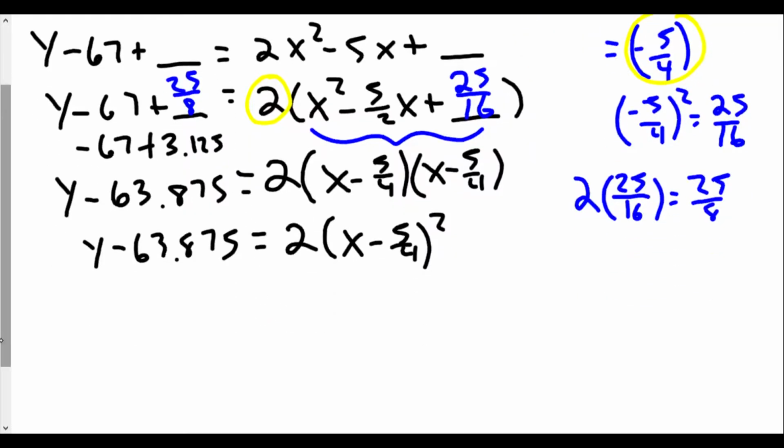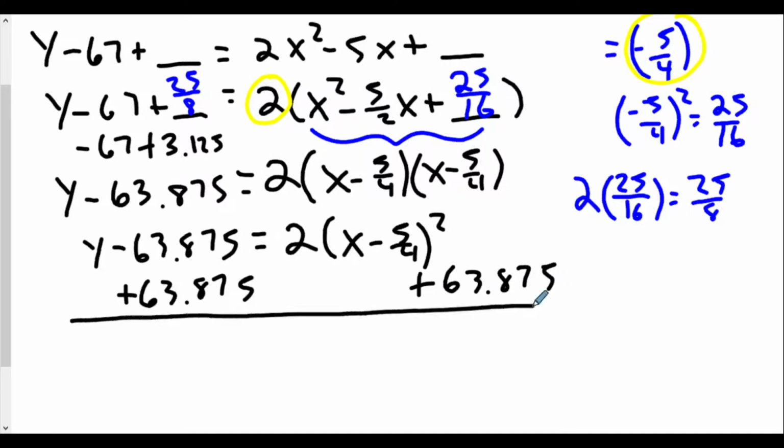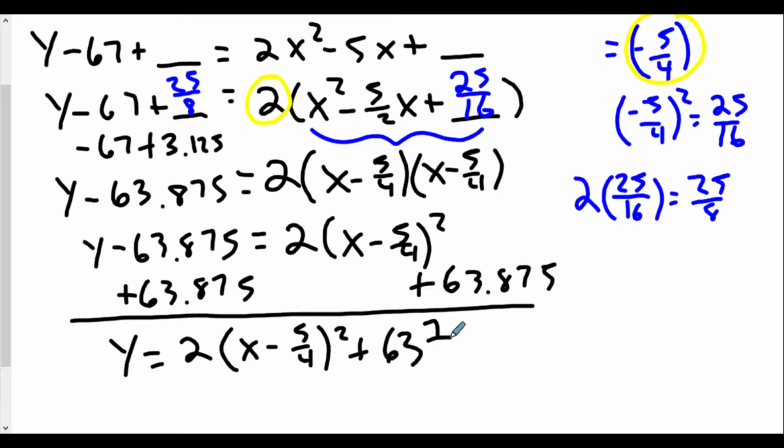Now, to get y by itself, we add this 63.875 to both sides. And we end up getting y equals 2 times x minus 5 over 4 squared plus 63 and 7/8.